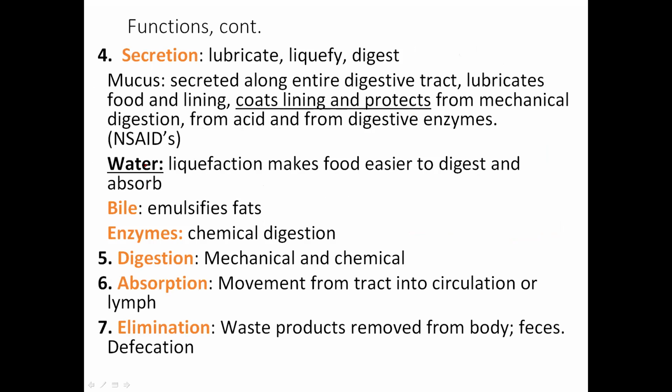Our body, with respect to the digestive system, does a lot of secretions, and its job is to lubricate, liquefy, and digest. It is very important to have a mucosal lining because it protects the sensitive tissue that the food passes through.